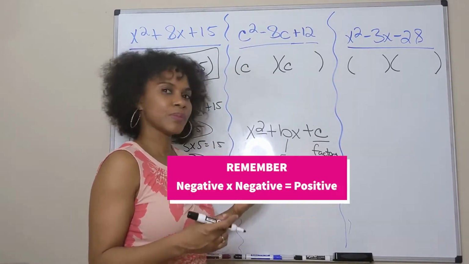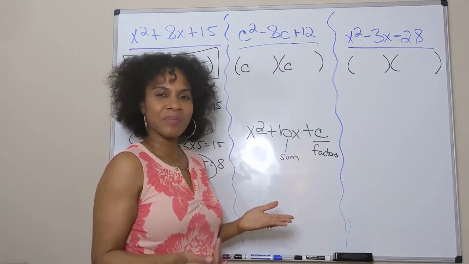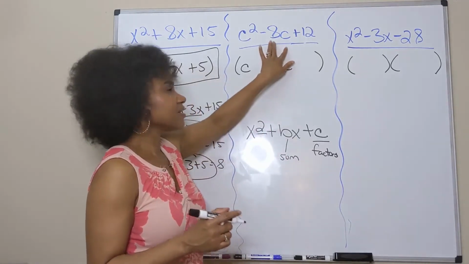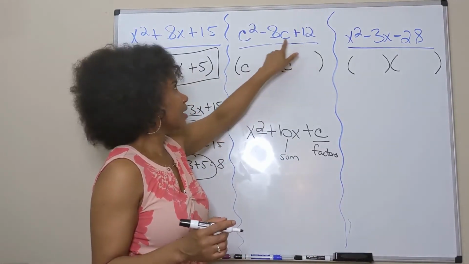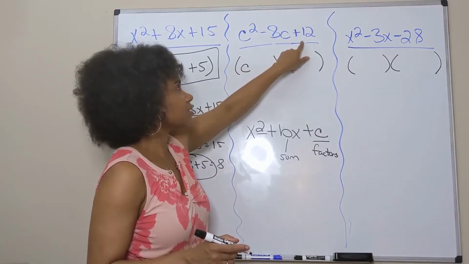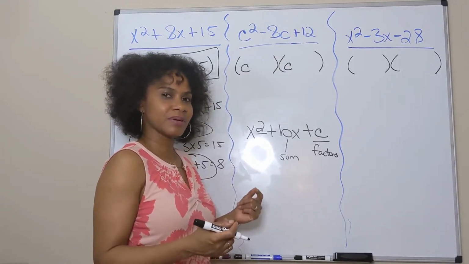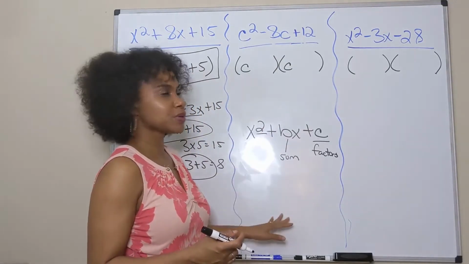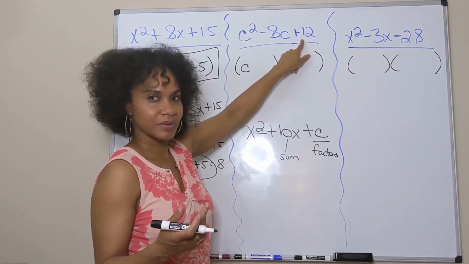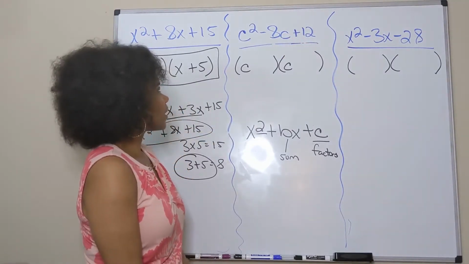Why? Because when you multiply a negative times a negative, you get a positive. You cannot multiply a negative and a positive and get a positive. So looking at this information, since my b is negative and my c is positive, my factors have to be negative, because that's the only way when I multiply I will get a positive answer.